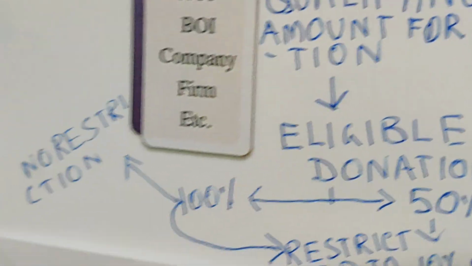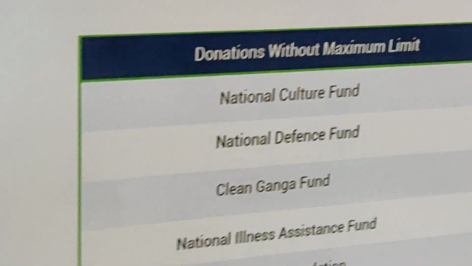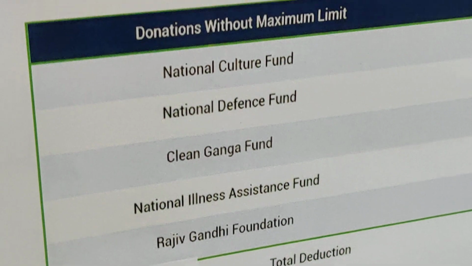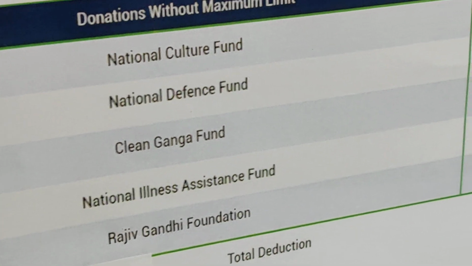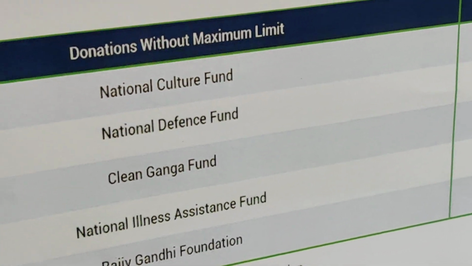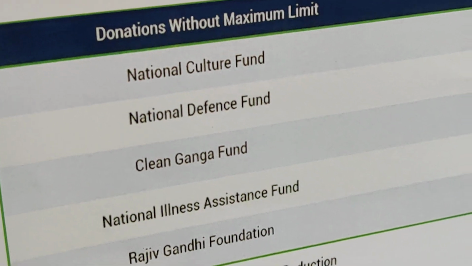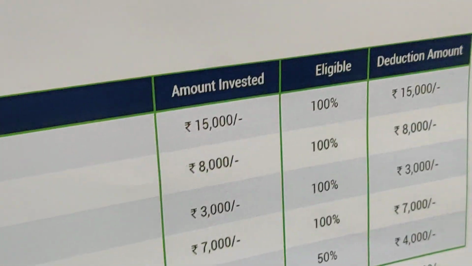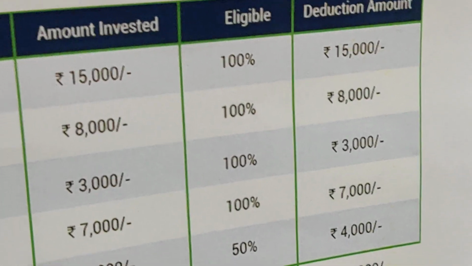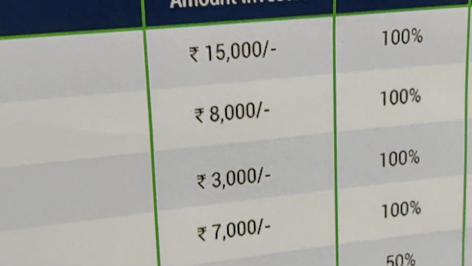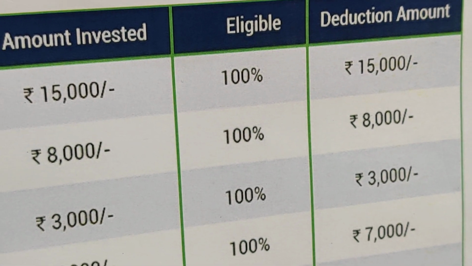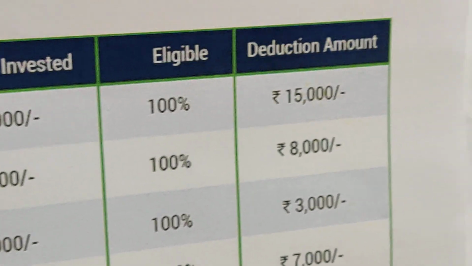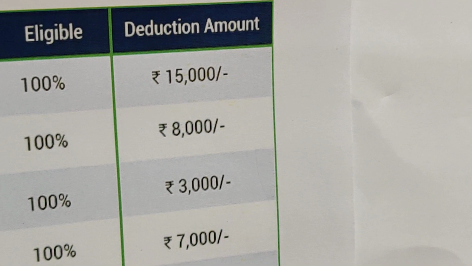Qualifying amount means that if you make a donation, you are not entitled to a deduction everywhere. There is a certain list of areas. Suppose the National Cultural Fund: this is a donation which qualifies for 80G deduction. If you donated 15,000, then how much are you eligible for? 100% you will be eligible. So your eligible deduction under 80G is 15,000.